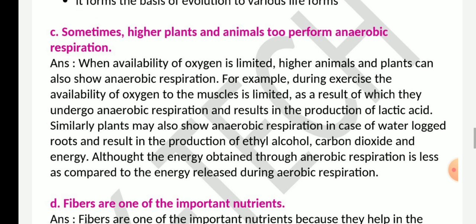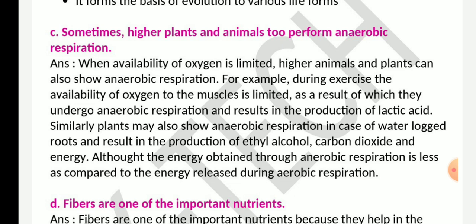So therefore, cell division is one of the important properties of cells and organisms. Okay? The next one. Sometimes higher plants and animals too perform anaerobic respiration. Answer. When availability of oxygen is limited, higher animals and plants can also show anaerobic respiration. For example, during exercise, the availability of oxygen to the muscles is limited, as a result of which they undergo anaerobic respiration and produce lactic acid.